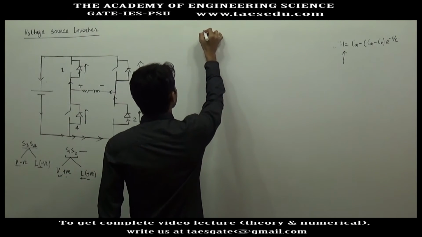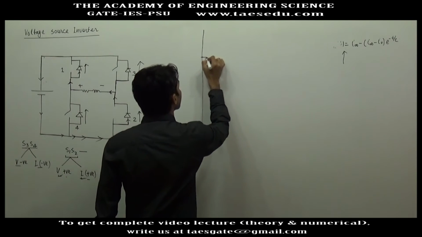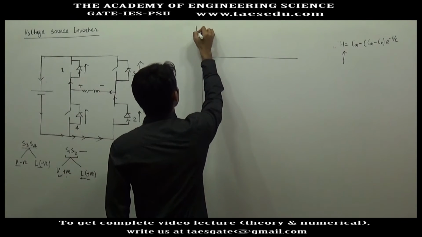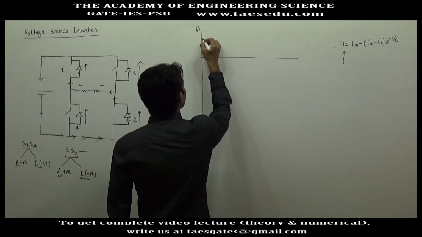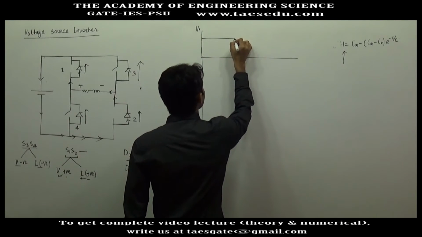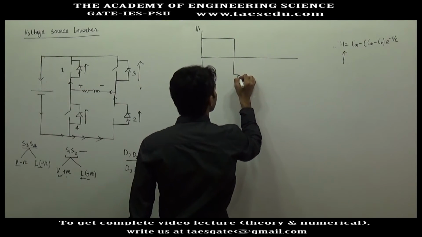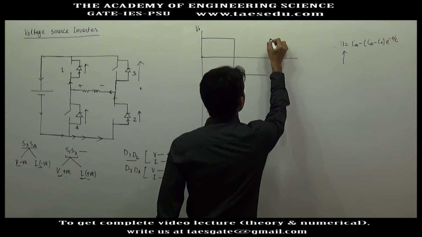Now first I will draw the graph of output voltage, and I will draw the graph of output voltage V with plus VDC and minus VDC.